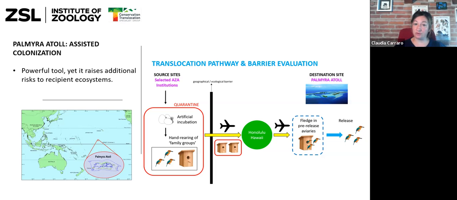Birds will be sourced from mainland ESA institutions and will be taken to their destination sites. The fact that there are barriers crossed here means that there is an increased risk of exposure to novel parasites.